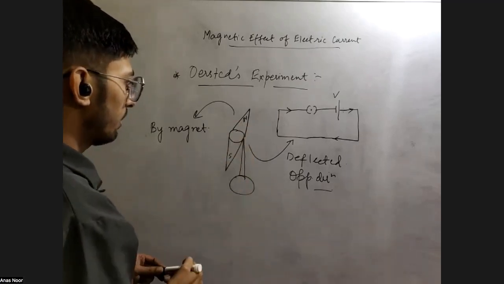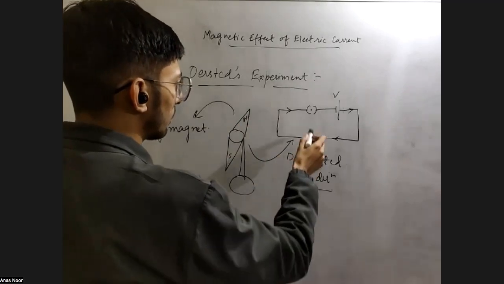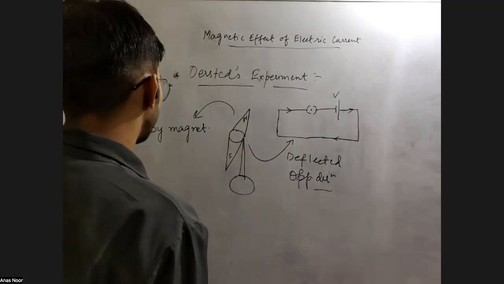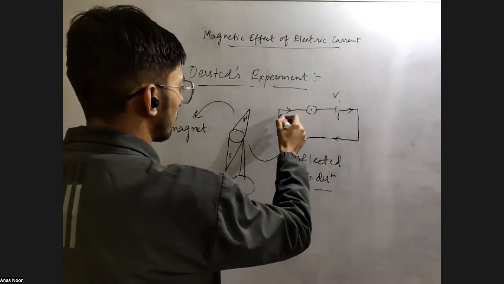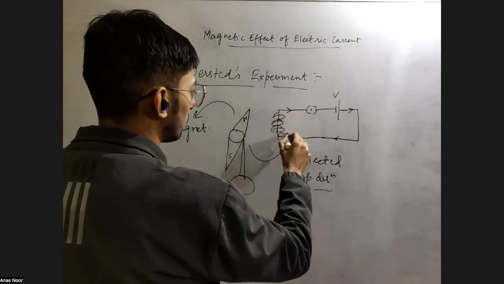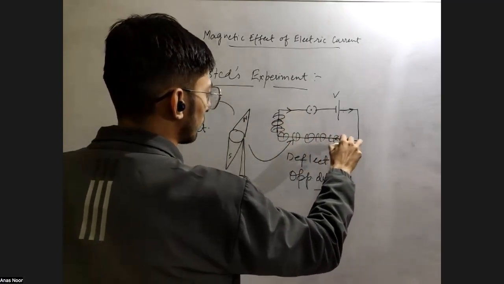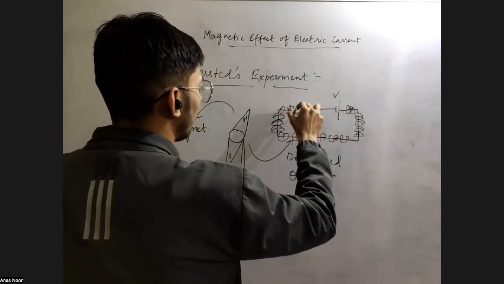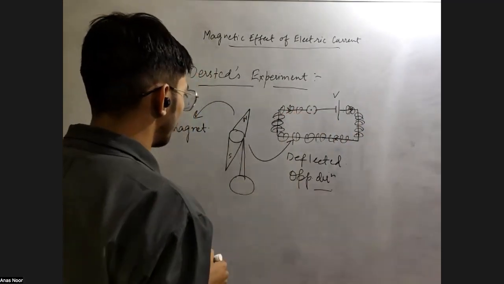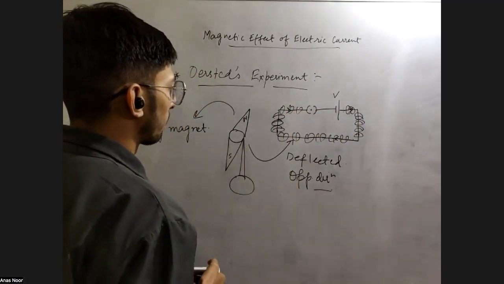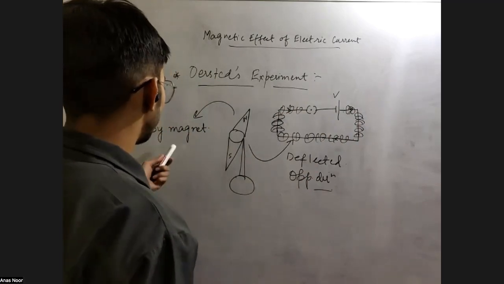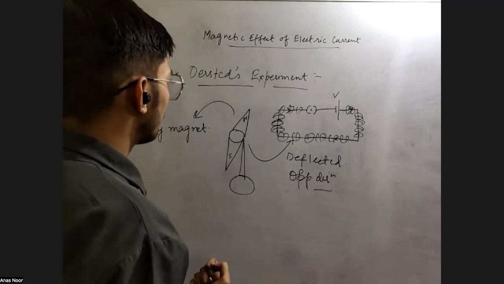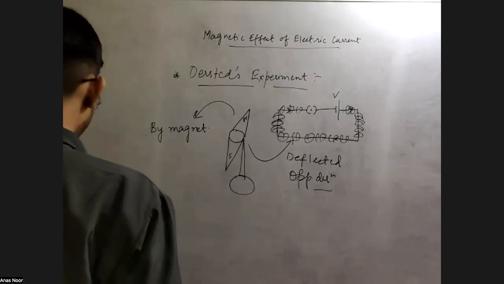But when he saw that it's being deflected by this circuit when we brought it close, it led to the conclusion that this circuit has some magnetic field around it. This wire develops a magnetic field around it. Only then can this magnetic needle be deflected, because it can only be deflected by some other magnet. So this is the discovery of the magnetic effect of current.